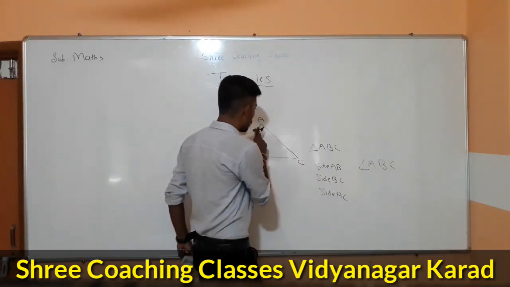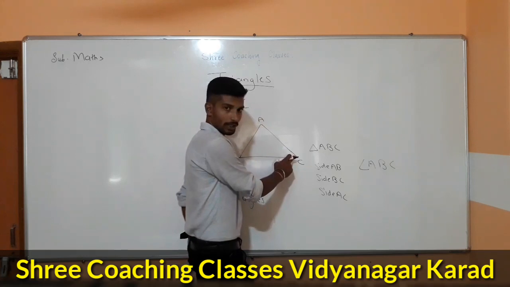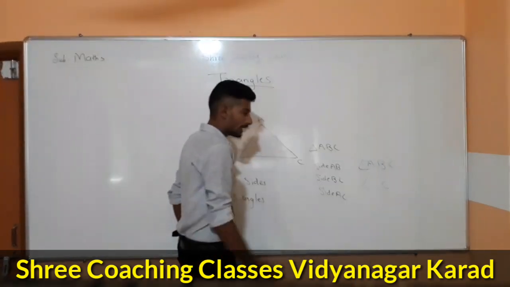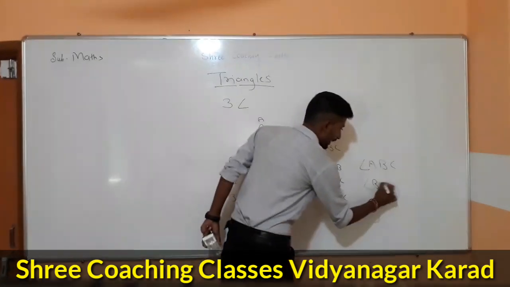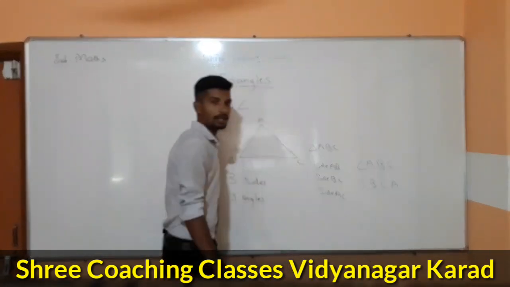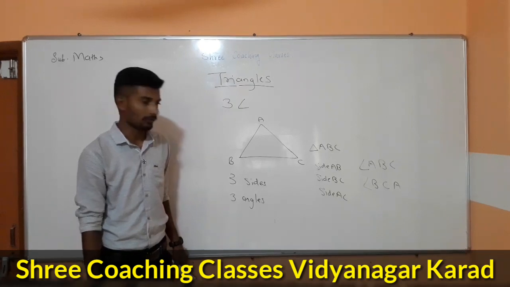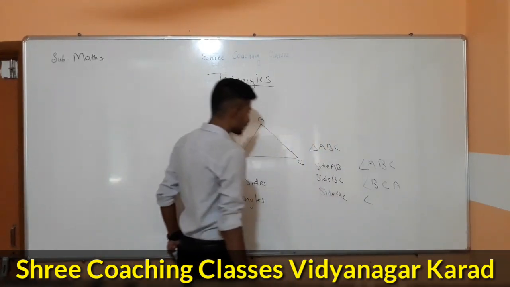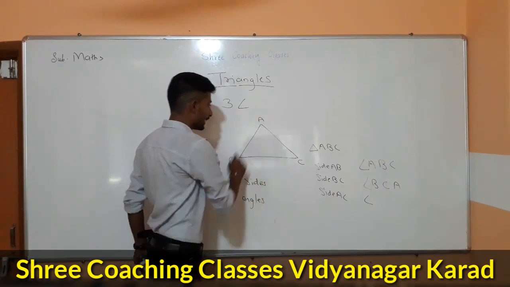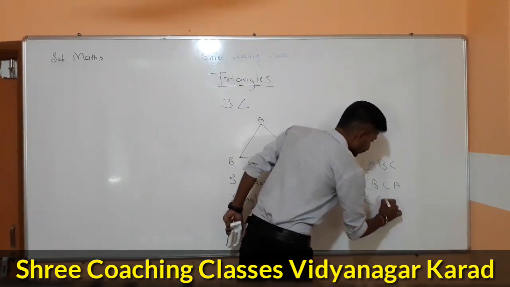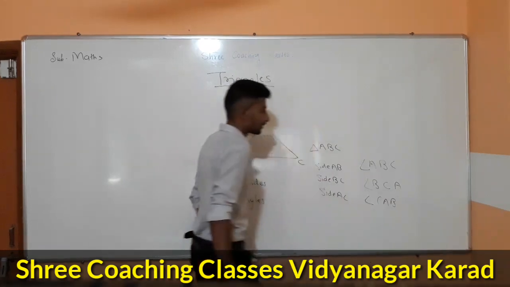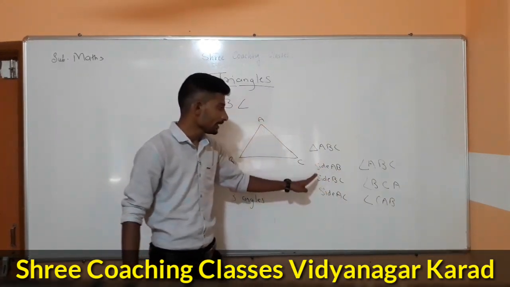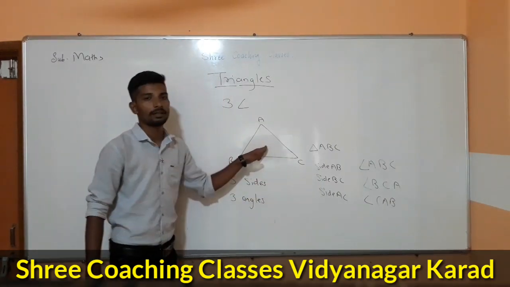Next for angle C, we write C in the middle and B and A on either side. The third angle will be CAB. Yes, we have got the three angles and the three sides of this triangle.